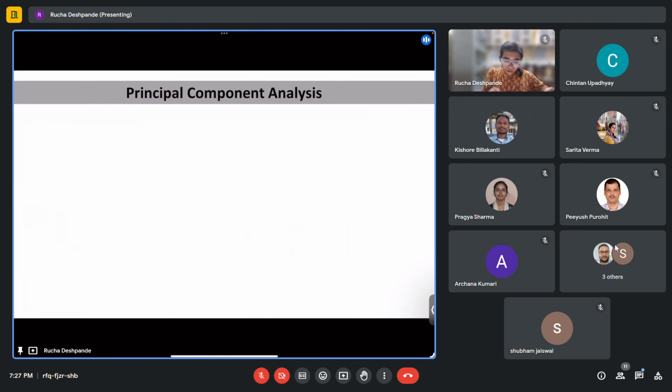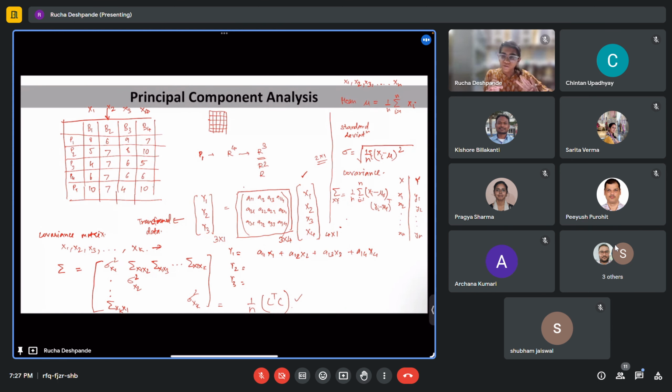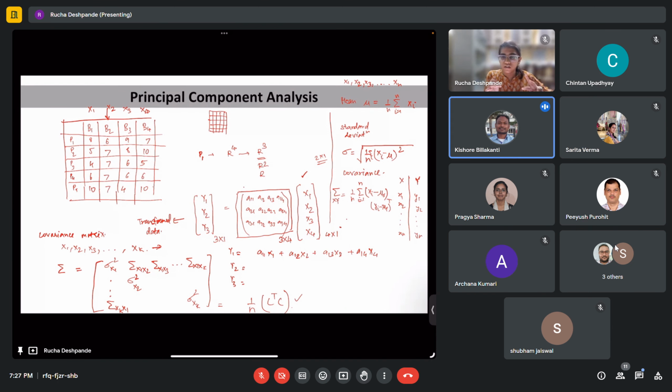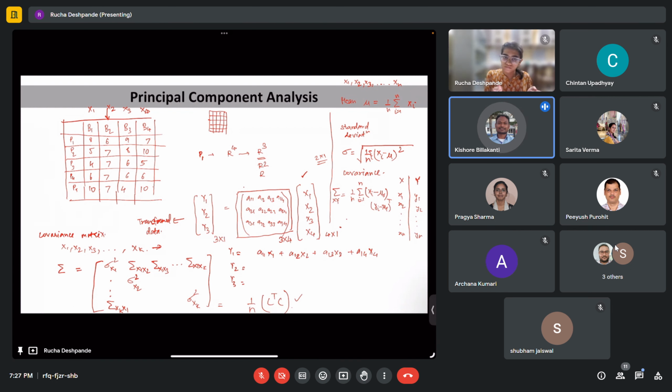If we had more bands, like in this case there were 4, then n number of bands will be equal to n number of eigenvectors and that many principal components. But we need not take all the principal components. We can choose fewer principal components, which show the higher variation in the data. So if we are happy with the first two components, then we can stop there. That's what you mean. Yeah.